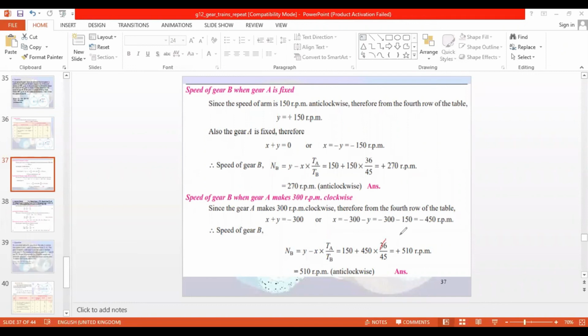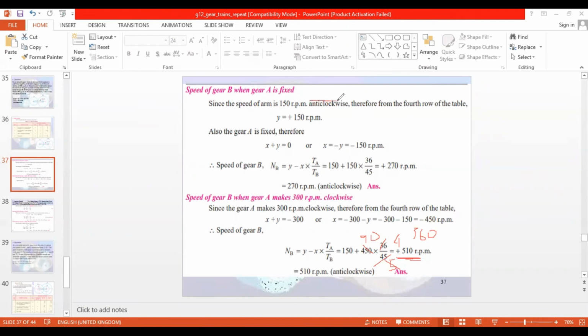When you solve it by 9, I will have 4 here and 5 there. 5 and 450 gives 90. 90 into 4 is 360. So 360 plus 150 is 510 rpm.